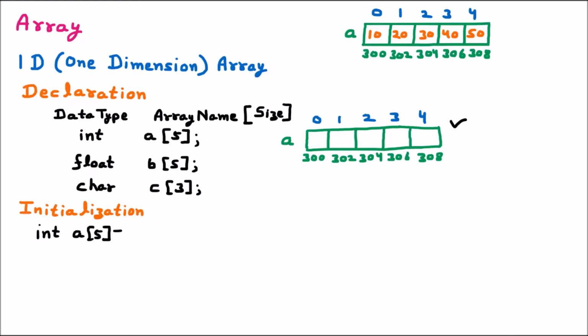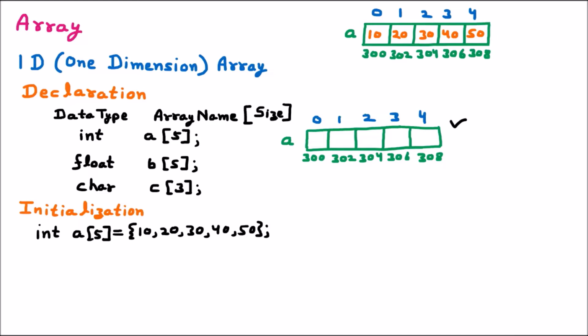So I will provide equal to, curly bracket start. In that I am going to provide the 5 values. Let's say the first value is 10, then 20, 30, 40 and 50. So these are the 5 values. Now afterward a semicolon.